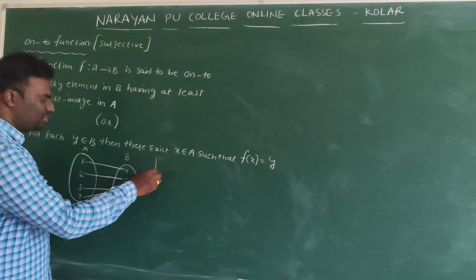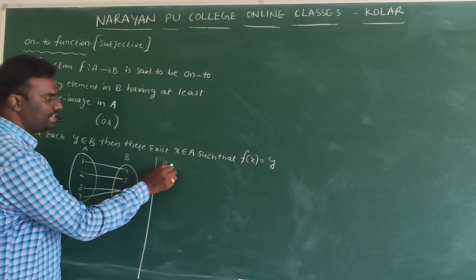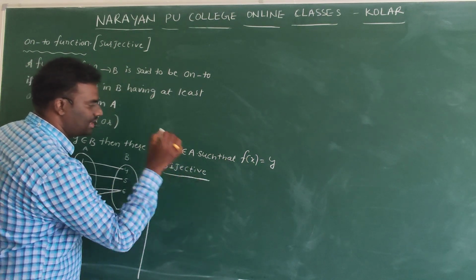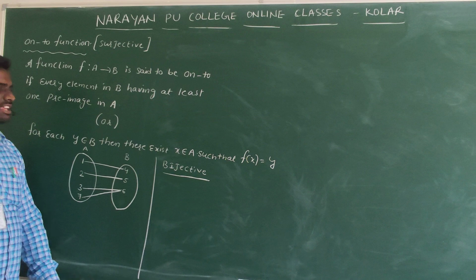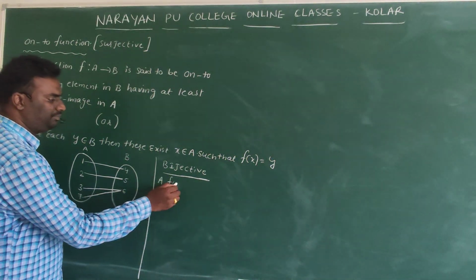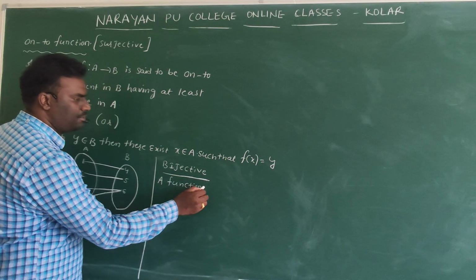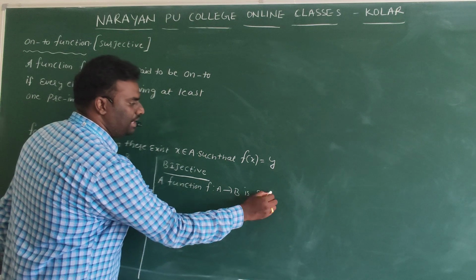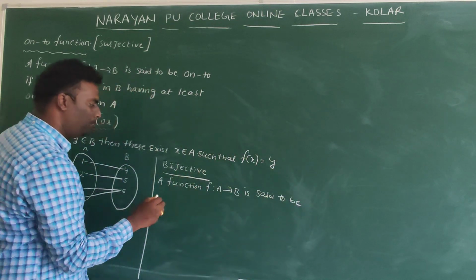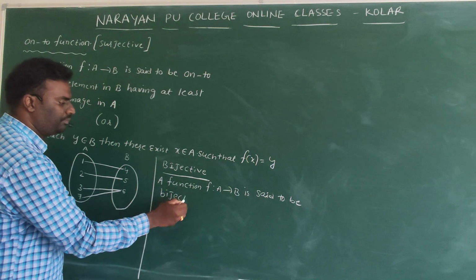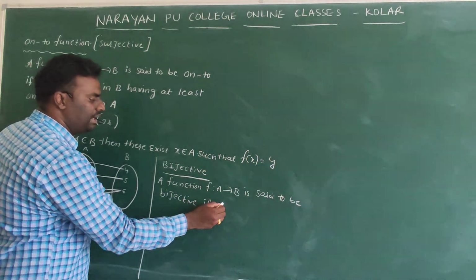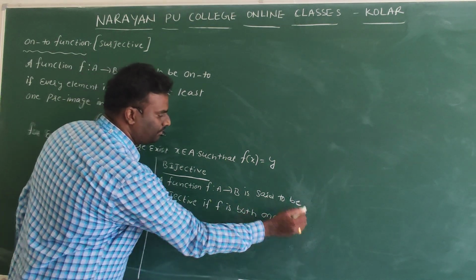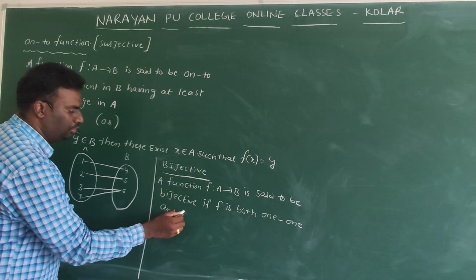After that, next definition is bijective function. What is meant by bijective function? Bijective function is very simple. A function f maps A to B is said to be bijective if f is both 1-1 and onto.